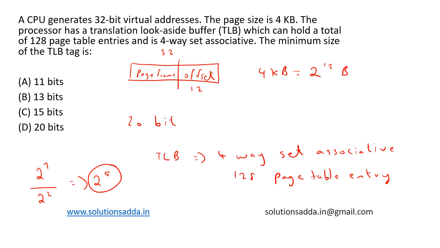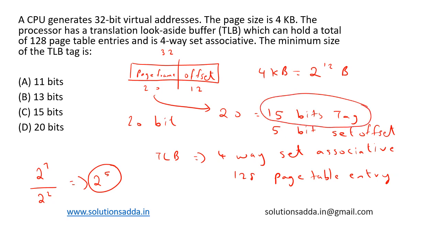So 5 bits are needed to denote the particular set number, and the remaining 20 minus 5, 15 bits is required to find the TLB tag bits. So this 20 bits is again split into 15 bits for tag and 5 bits for set offset. And the question asked here is, what is the minimum size of the TLB tag? It is 15 bits. So the correct option here is option C, 15 bits.